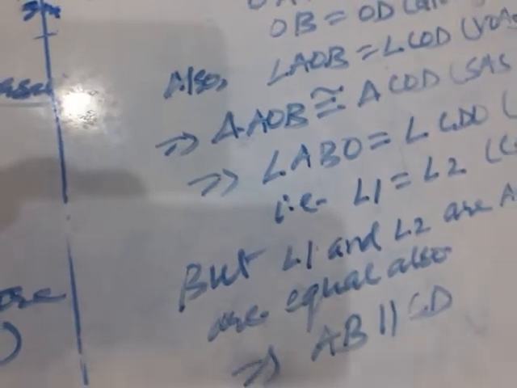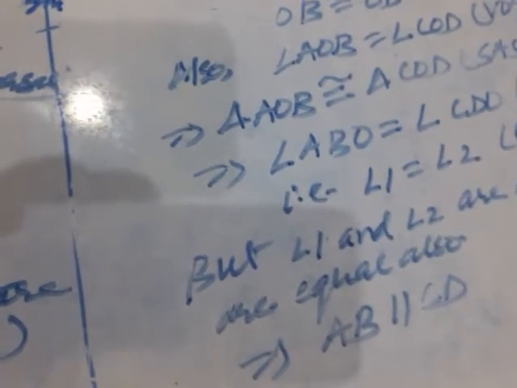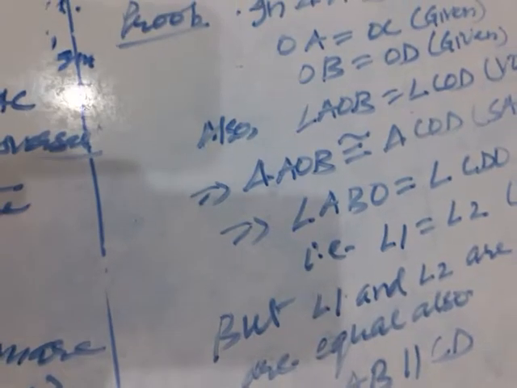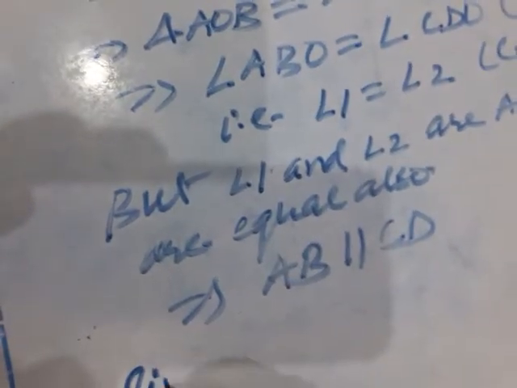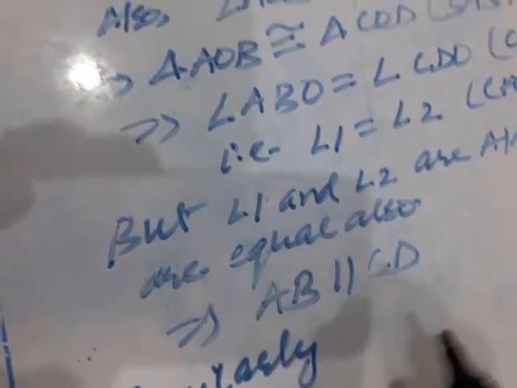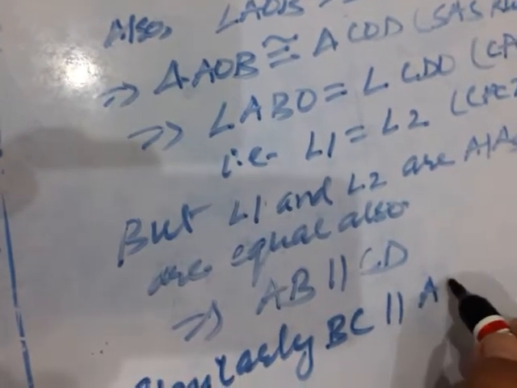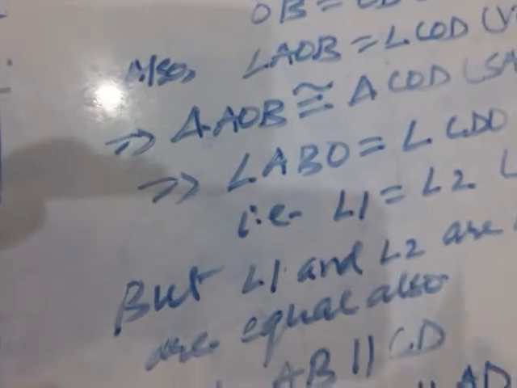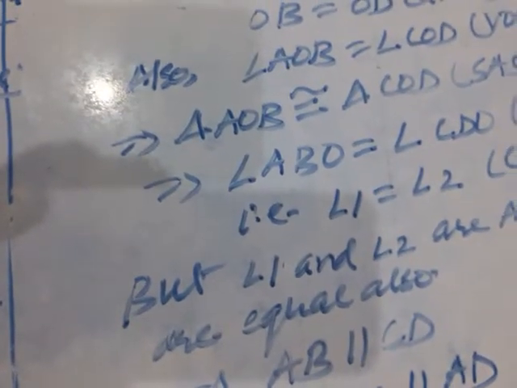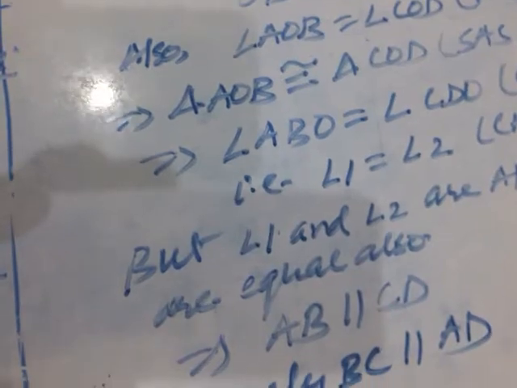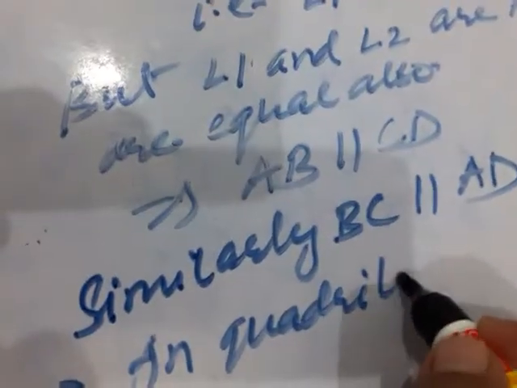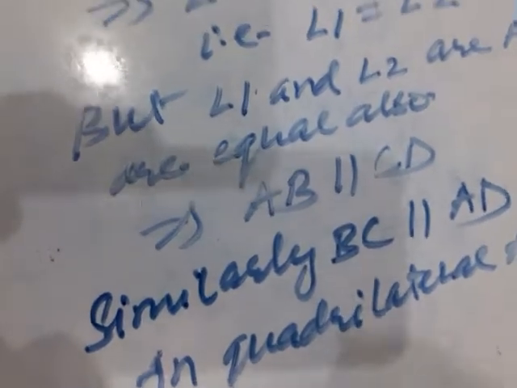Did you understand why angle 1 equal to angle 2? One part we have shown, AB is parallel to CD. Clear, children? Similarly, for the next pair we can write down, BC is parallel to AD. Now in quadrilateral ABCD, what do we have?